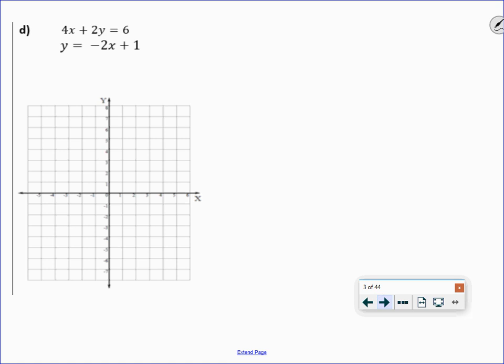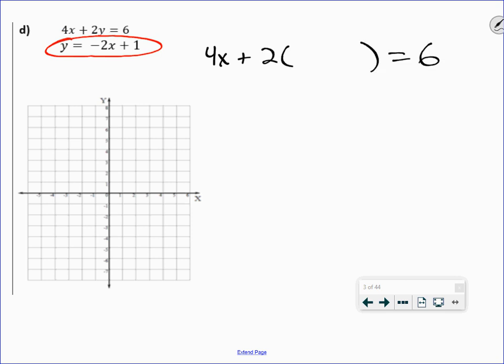So, for part D, I have one of the equations solved for y, so I'm going to use substitution. The original equation is 4x plus 2 times y equals 6. And I'm going to sub in negative 2x plus 1. So I'm going to have to distribute this 2.